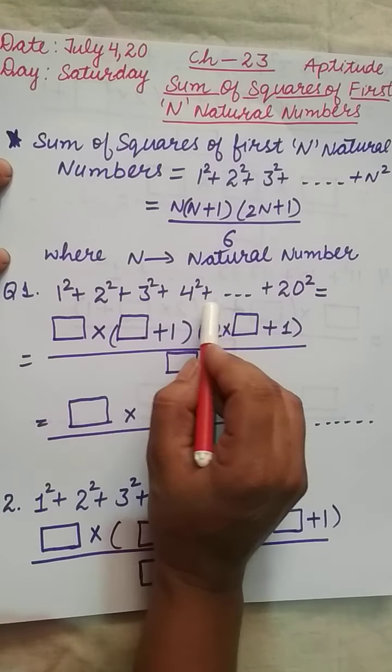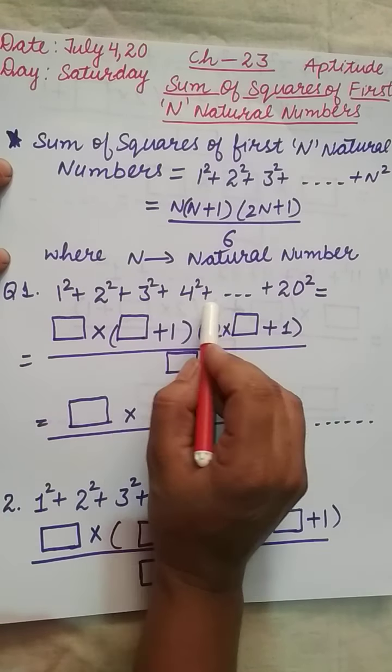It means from this we can conclude that the value of n is equal to 20. So wherever n is there, we will put the value of n. Now you can see the fill-ups are given to us from this formula. By comparing this question to this formula, we will solve these.